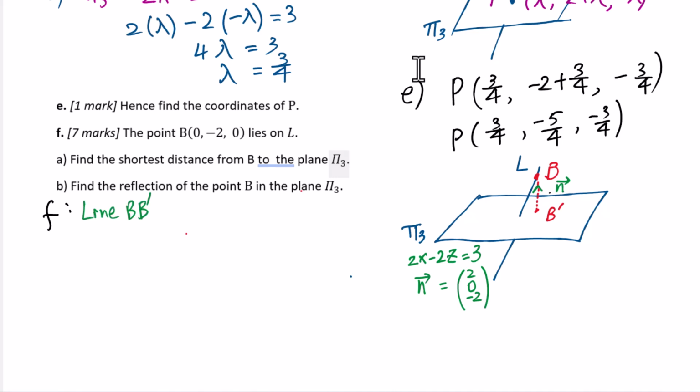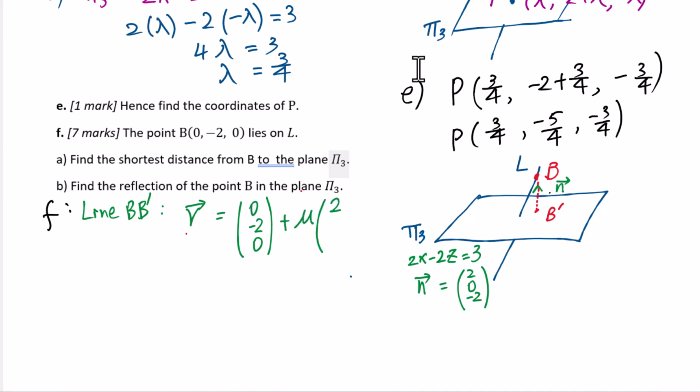So we can write down the vector equation of the line BB prime. r equals position vector (0, -2, 0) plus. Since we already used lambda in the previous question, we will use mu this time.